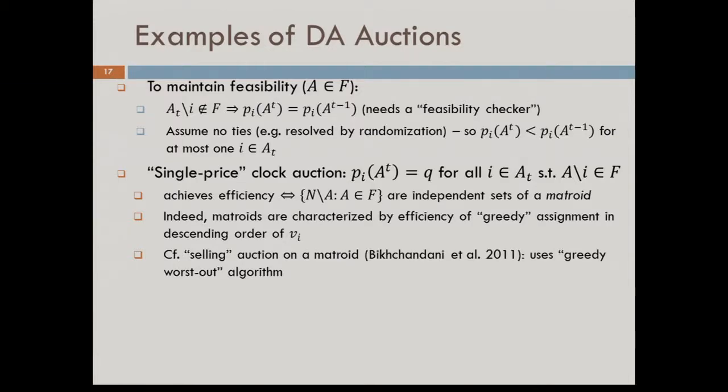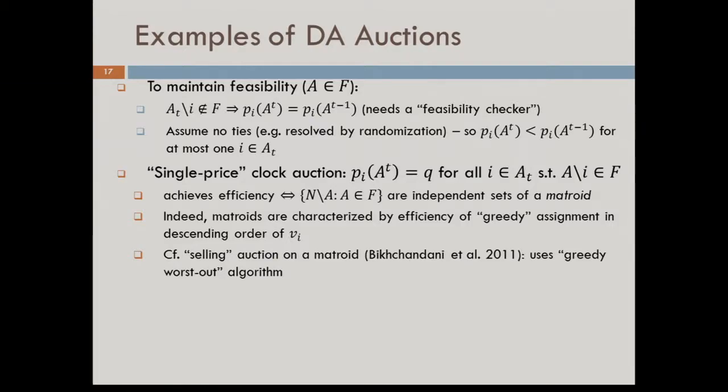What are the objectives for which these mechanisms could work well? As we said, at least we want to make sure that the solution is feasible. Here, as long as we have a feasibility checker that never makes a mistake of saying something is feasible when it's not, we are not going to reduce prices to bidders who are not feasible to add, and then we ensure the solution is feasible.